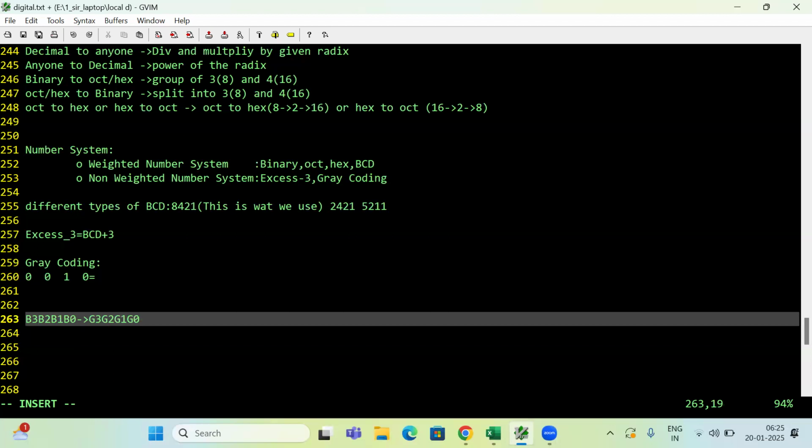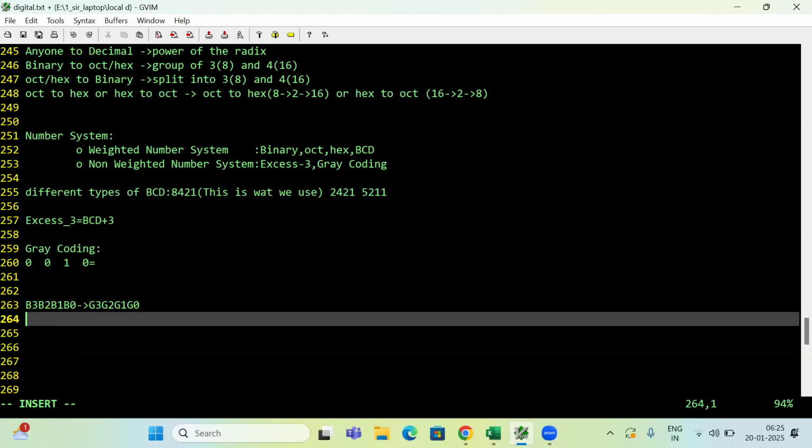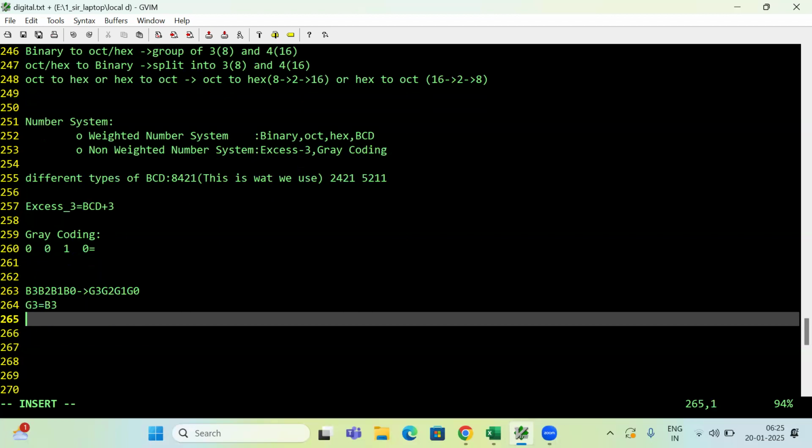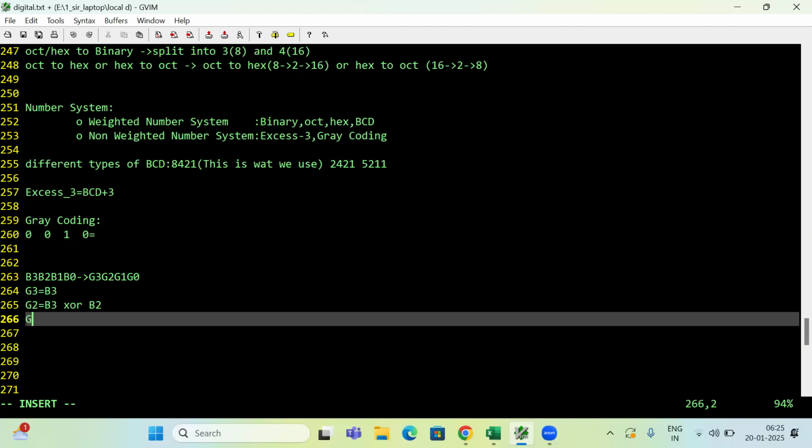If you want to convert binary to gray, how will you convert? G3 equal to B3, G2 equal to B3 XOR B2, correct? Didn't I explain that? Yes, sir.